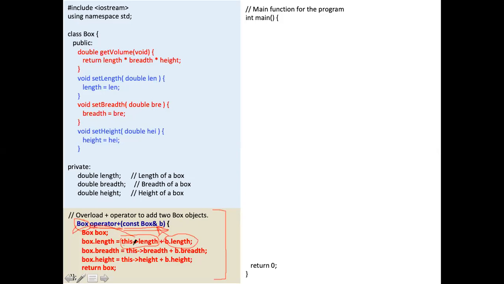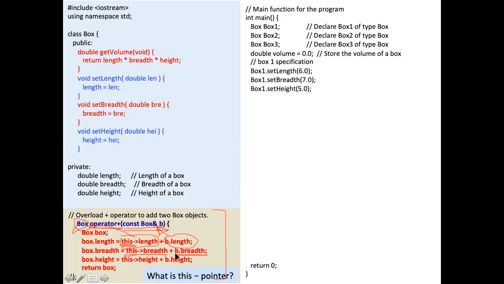So the keyword this here would always refer to box 1 क्योंकि box 1 plus box 2 आपने लिखा. And what is box 2? That comes later after the operator, after this symbol of the operator. ठीक है. So therefore this part here would always refer to the first object that comes before the operator, and this part here would refer to the breadth of the box that comes after the operator, which is written after the operator.